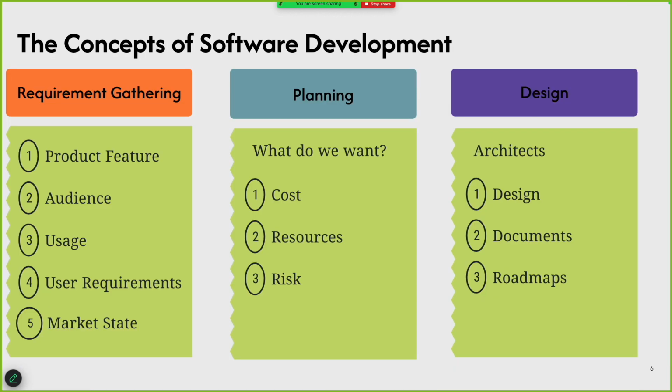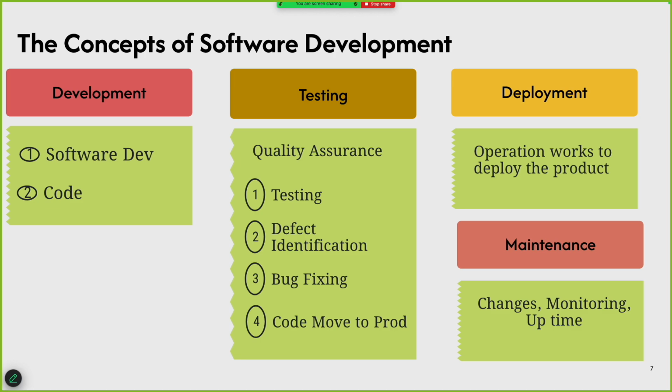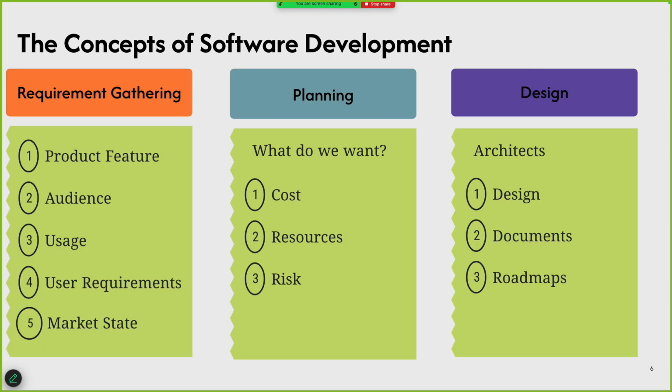So for understanding DevOps, let's go back into basics. There are a few phases or concepts of the software development. There are 5 to 6 different phases. So it's 7 phases. The first phase is requirement gathering.